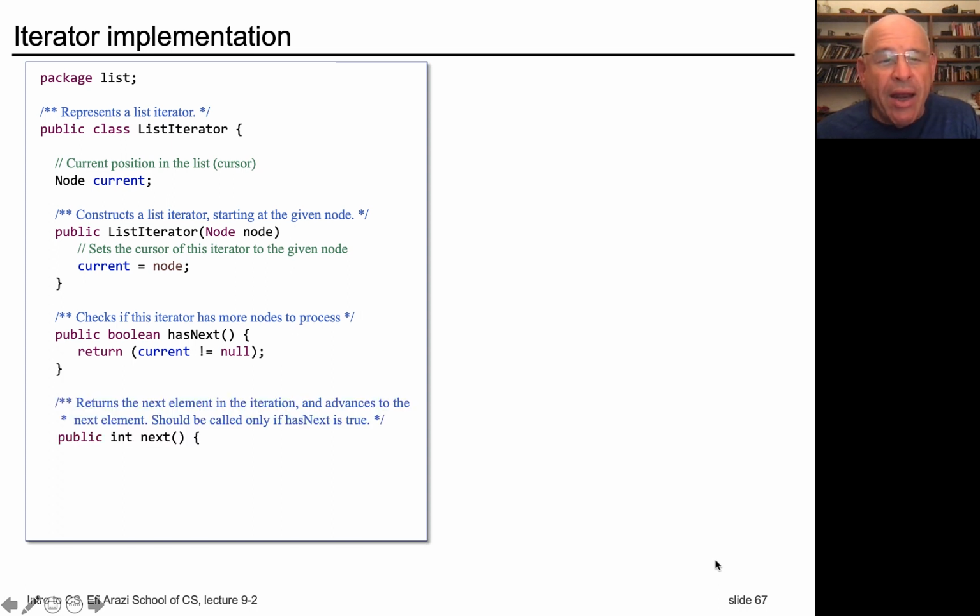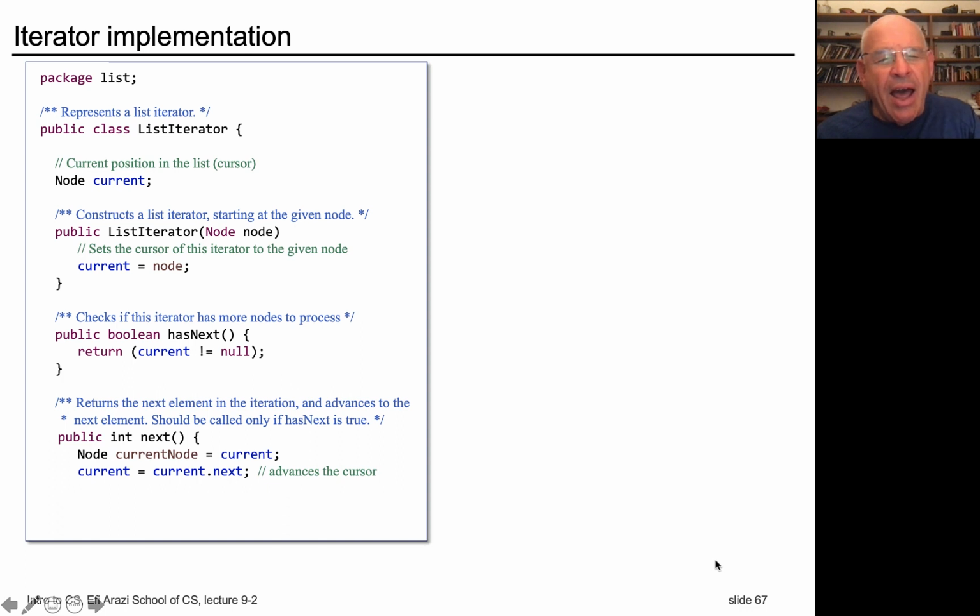And what about next? Well, next is a little bit tricky because I have to return the value of the current element and then move to the next element. So how do I do it? Well, I keep the value of current in a new node that I call current node.